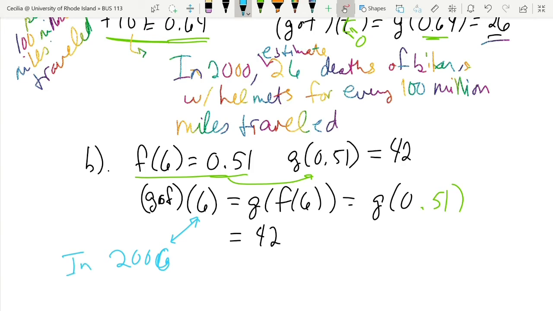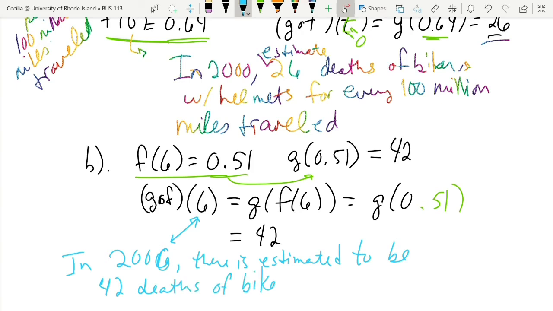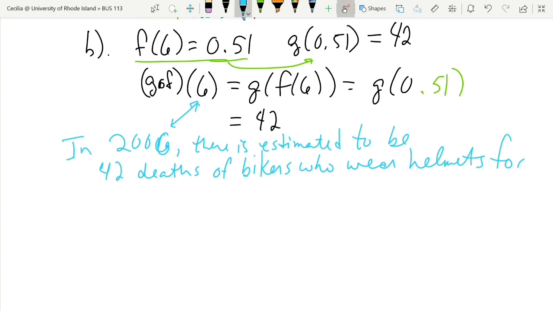So we should say that in 2006, there is estimated to be 42 deaths of bikers who wear helmets, for every 100 million miles traveled.